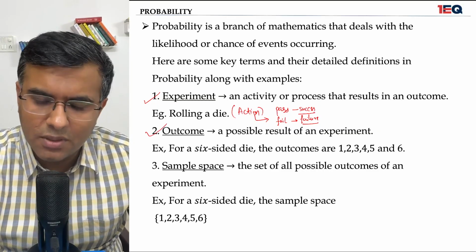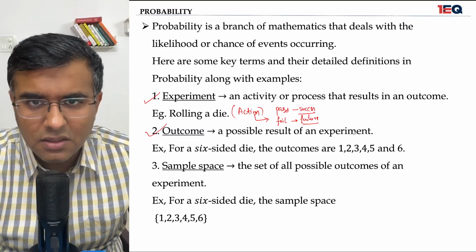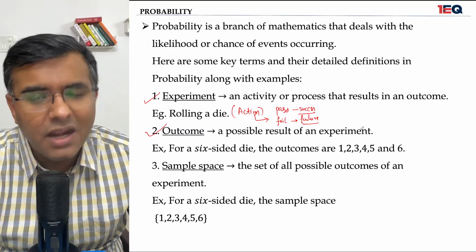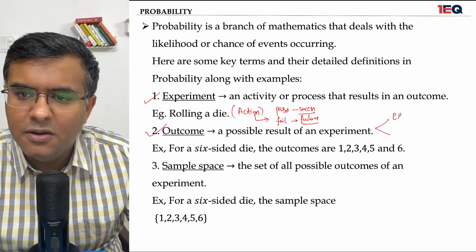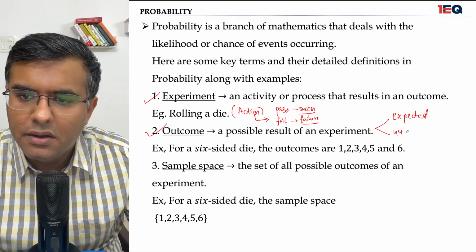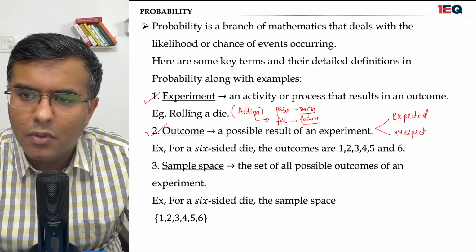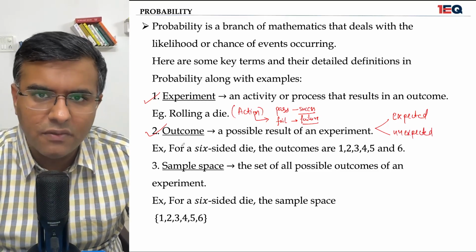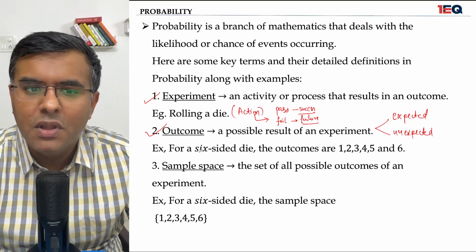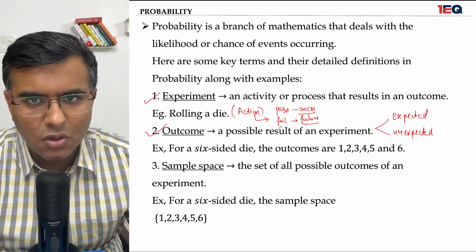Secondly, what is an outcome? An outcome is a result which you are expecting and which you are also not expecting. It is both expected and unexpected. Both sorts of results would be available, both sorts of outcomes would be there. Let's assume that you're going to roll a die.